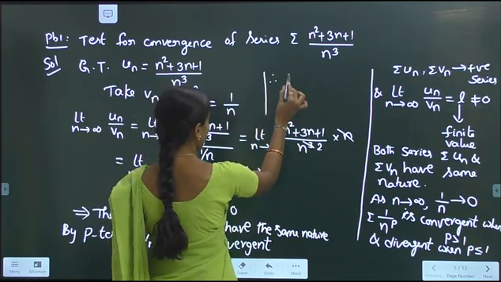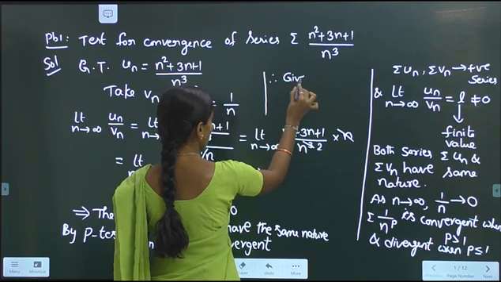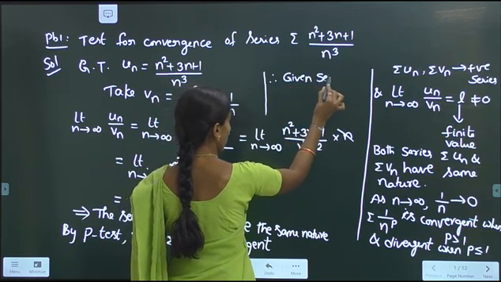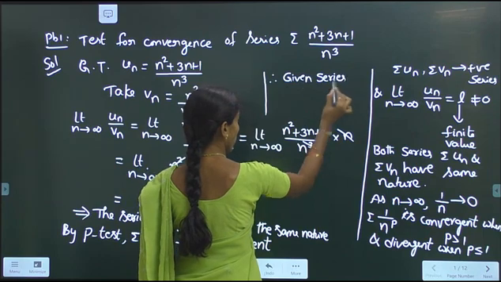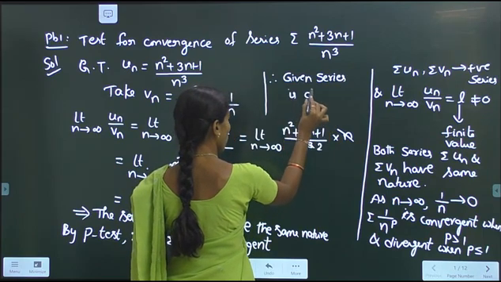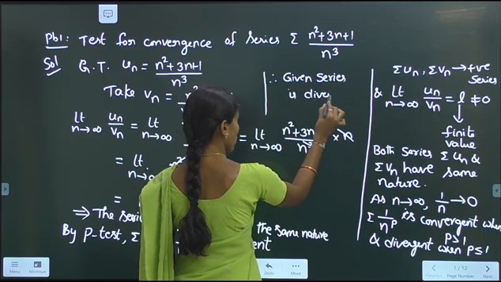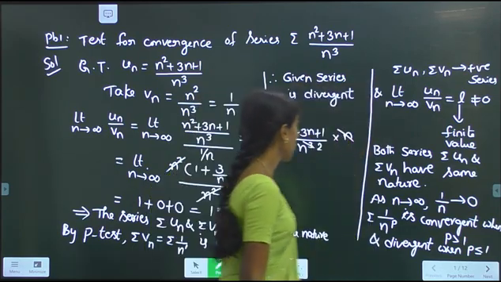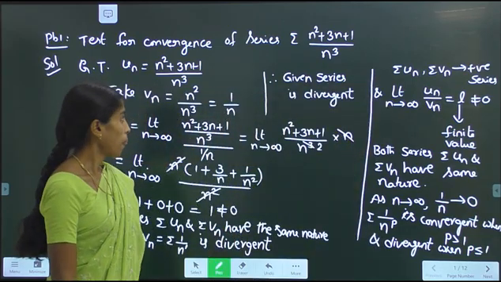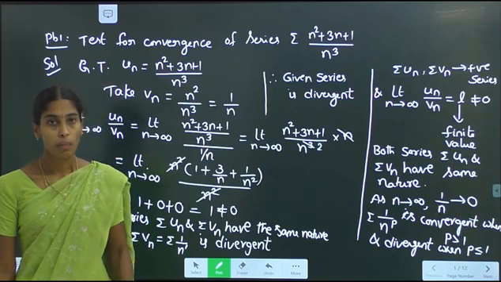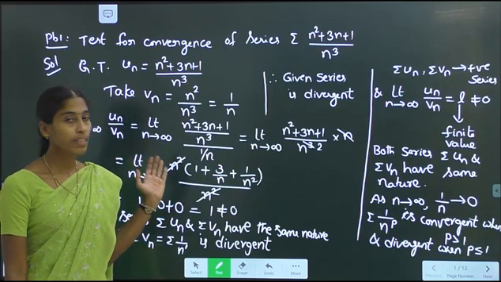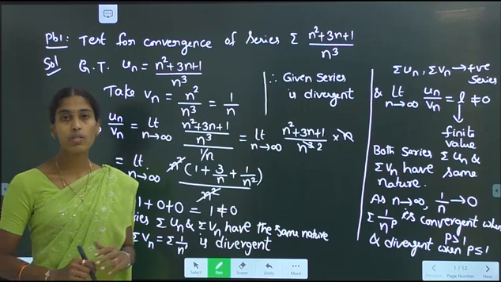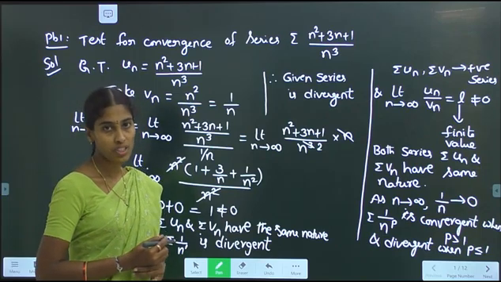the given series is divergent. Like that, we will identify the nature of the given series using the limit form of the comparison test.